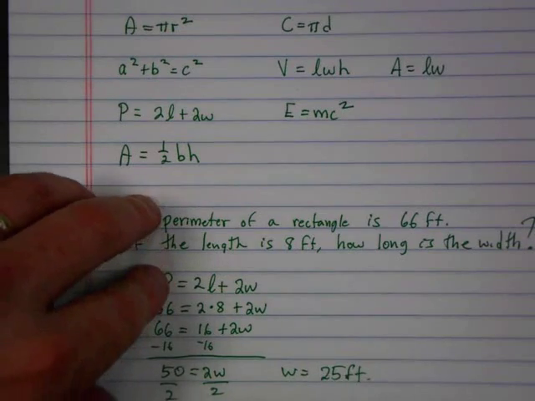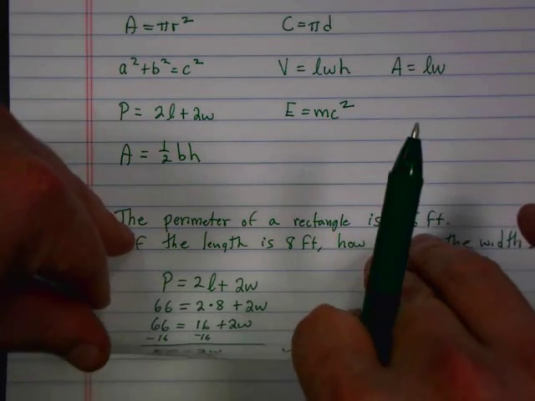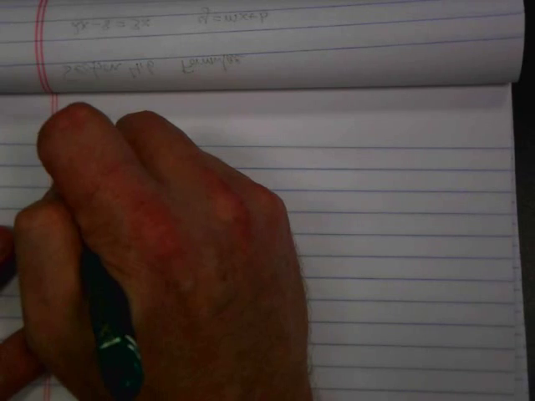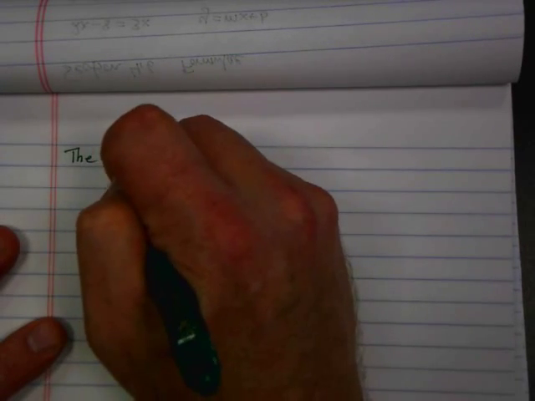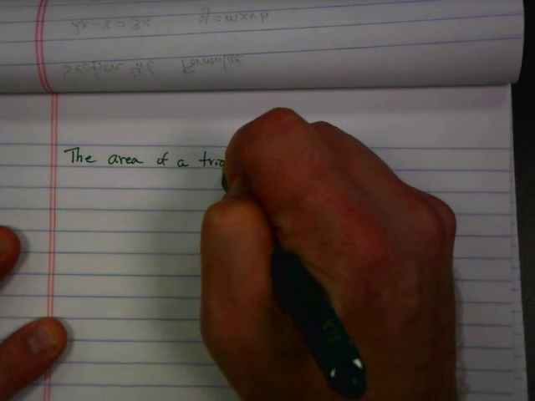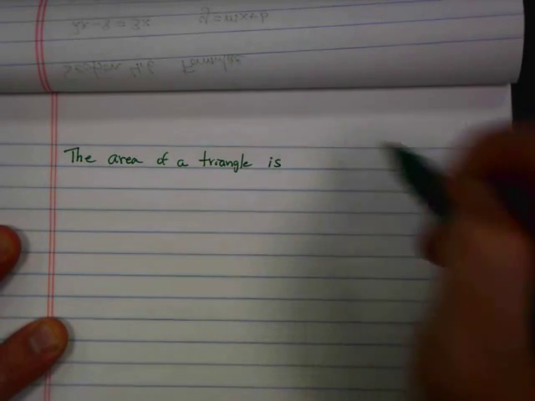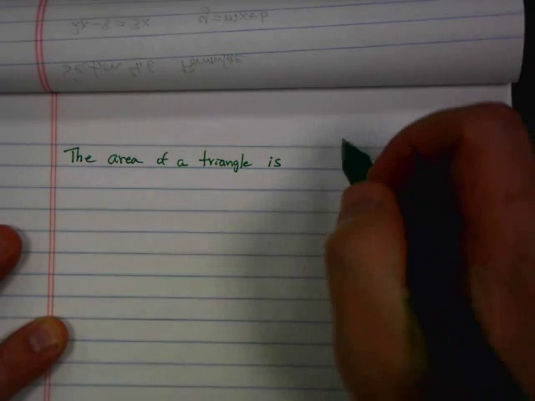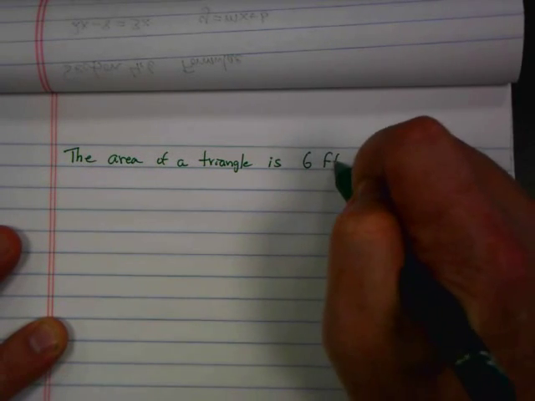All right, let's try another one. How about the area of a triangle is, how big do you want your area to be? 6 square feet.